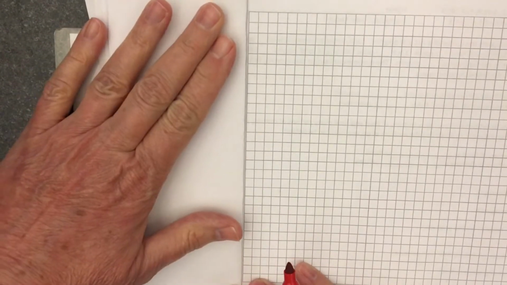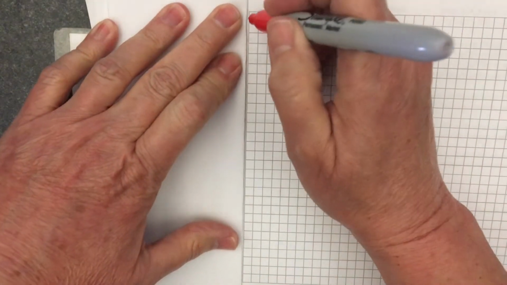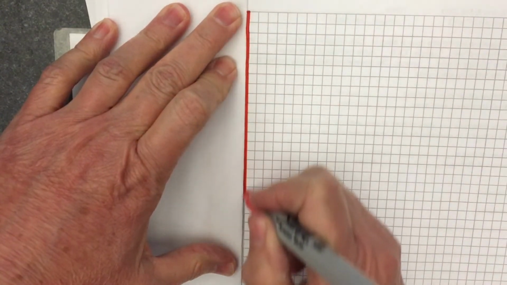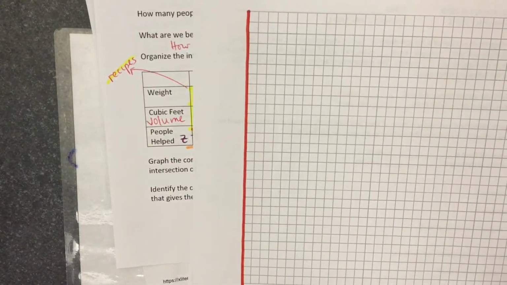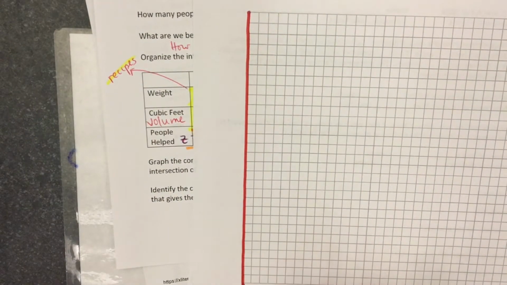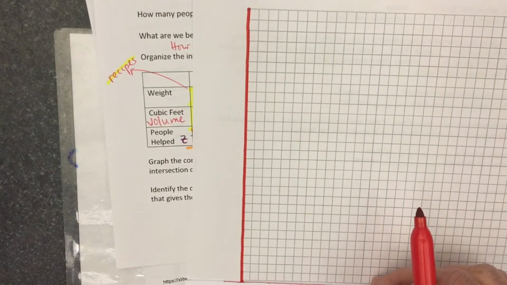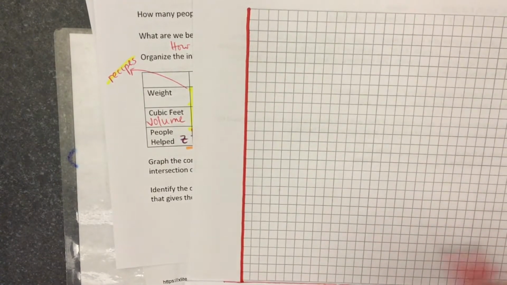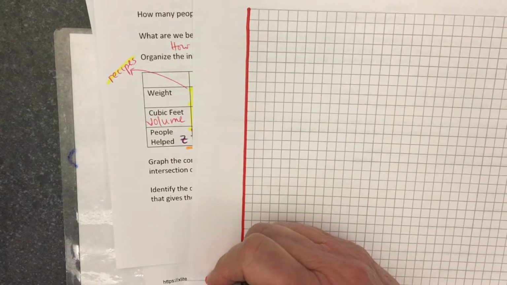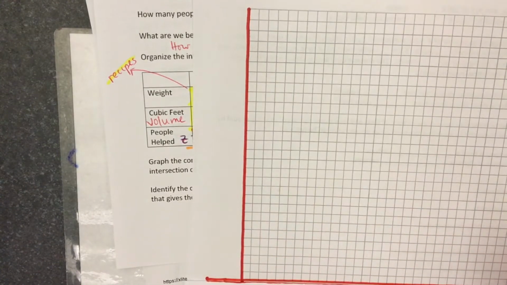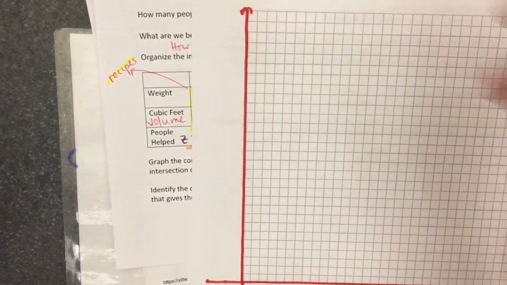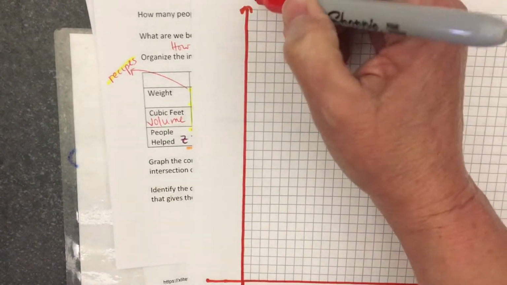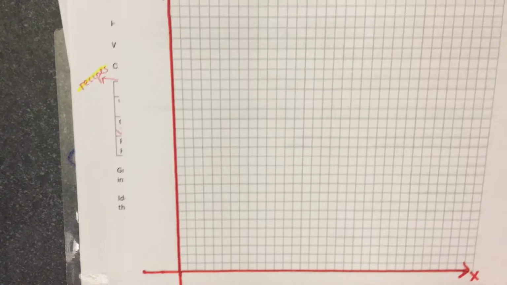That's not my first inclination, but I've learned from students in the class that that's actually not a bad idea. I'll extend that a little bit, and I'll write this one on the edge. So there's the X and Y axes.